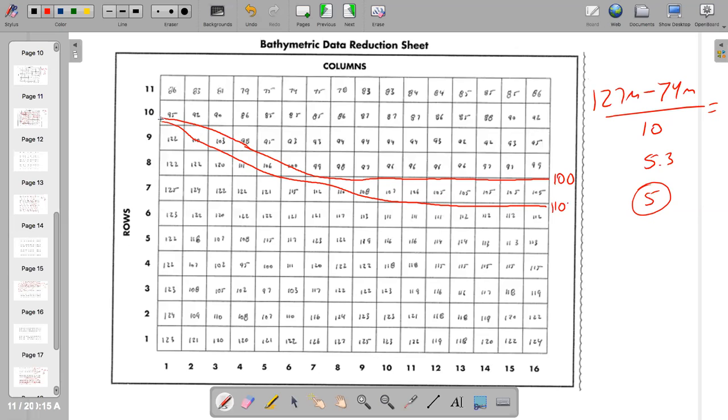110, 105. One important principle is that these lines never cross each other. They never cross each other, but they might get really close, like the 105 and the 115 are going to be really close in here too.